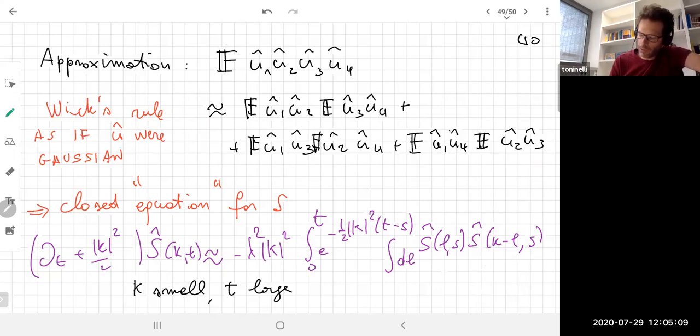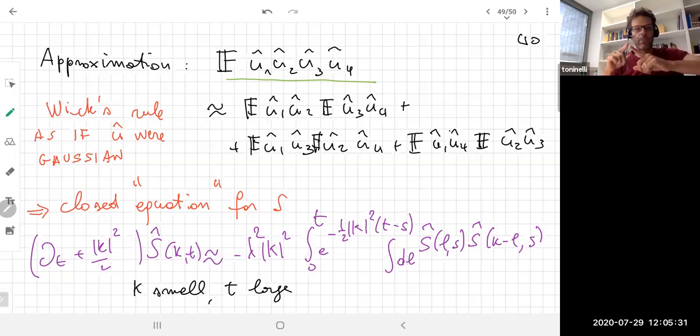The approximation that is made here is that when you have this product of 4 variables, for Fourier components of the equation, you treat them as if they were Gaussian variables. So it's really a Gaussian approximation. Now you can apply what is called Wick's rule.